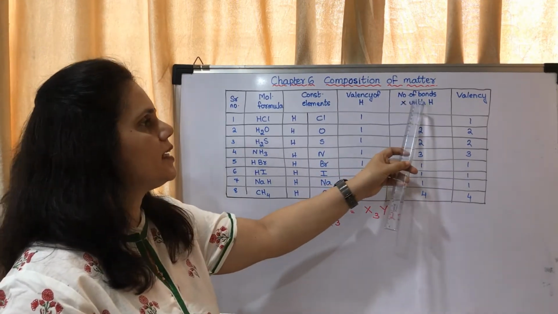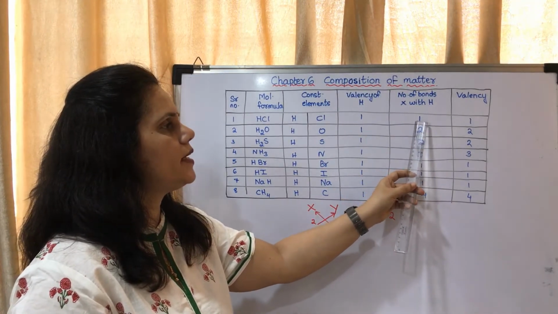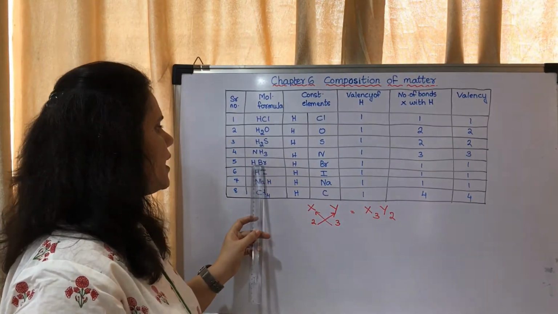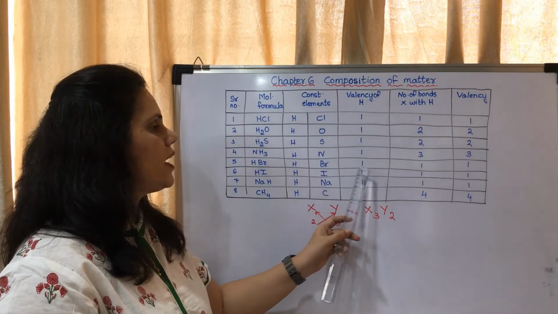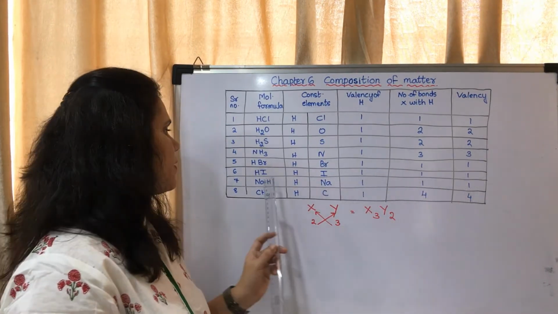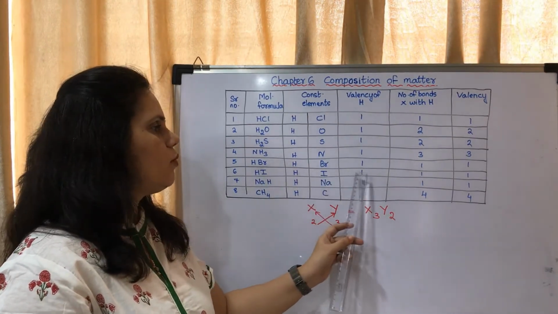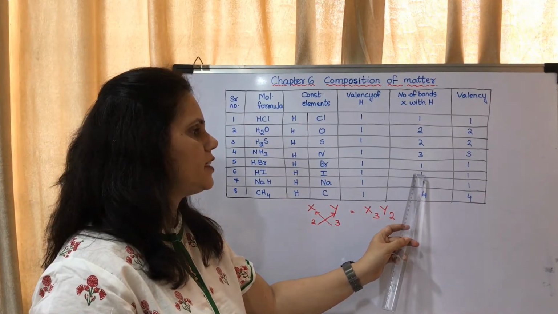Here you may see that the number of bonds of X with hydrogen, whatever number it is, that will be its valency. First we will see HBr, that is hydrogen bromide. H and Br, valency of hydrogen is 1, valency of bromine is 1. Hydrogen iodide, hydrogen and iodine, valency of H is 1, number of bonds of X with hydrogen is 1.